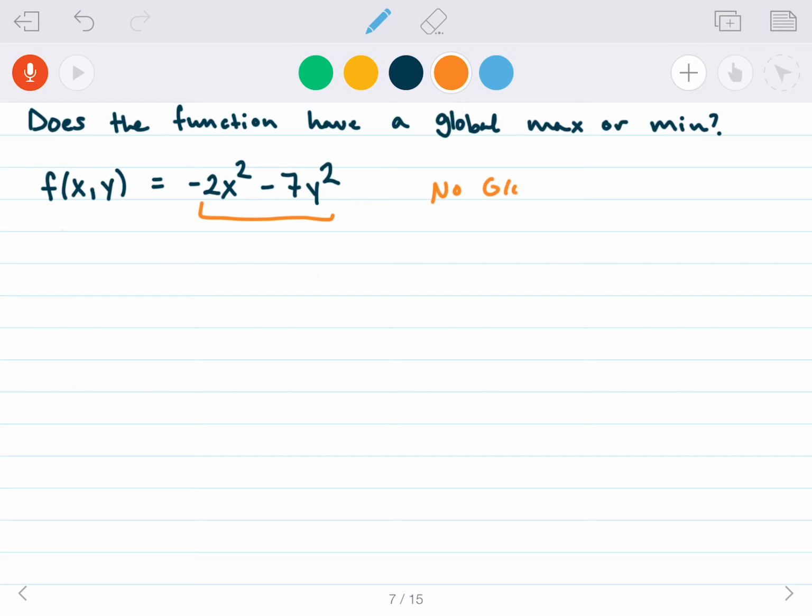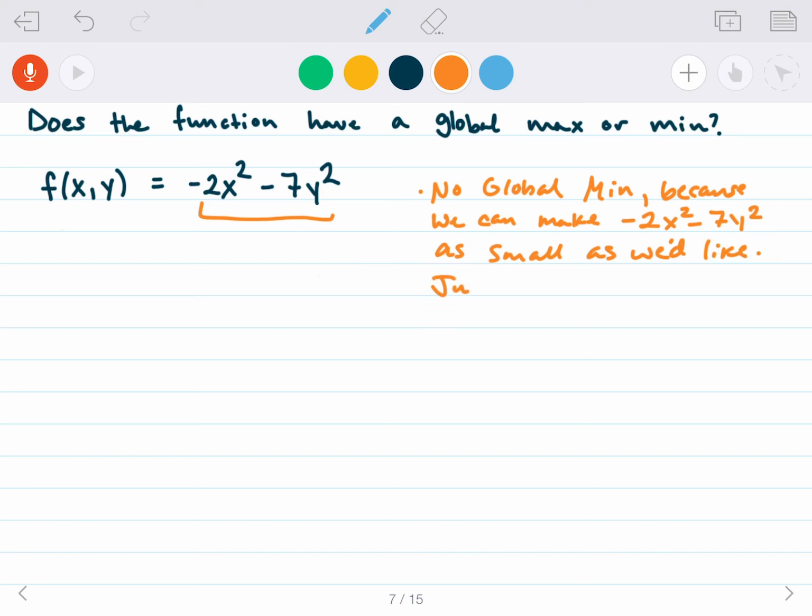No absolute minimum, no smallest value for z, because we can make negative 2x squared minus 7y squared as small as we'd like.